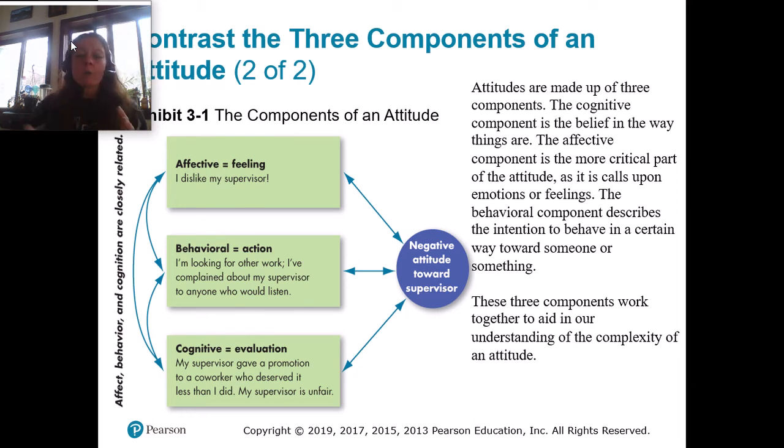And so when it comes down to our attitudes about something, work for example, the three of those components are going to work together. Think of it a little bit like Carl Rogers and that idea of congruency we need when it comes to balancing our self-concept. It's the same way with balancing all three of these for our attitudes.